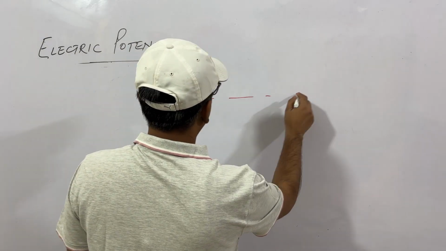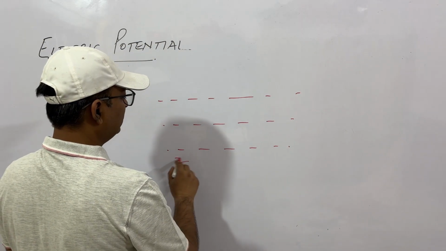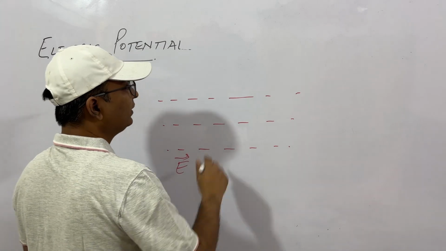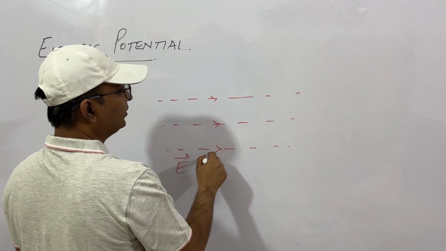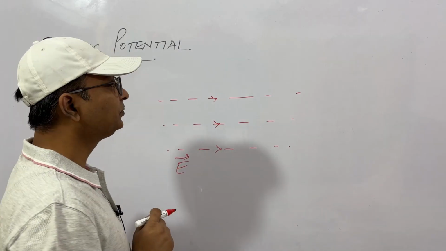So now let's bring this concept to electric fields. We have field lines for an electric field, and we have a force on a charge if placed in that field, that will be QE.